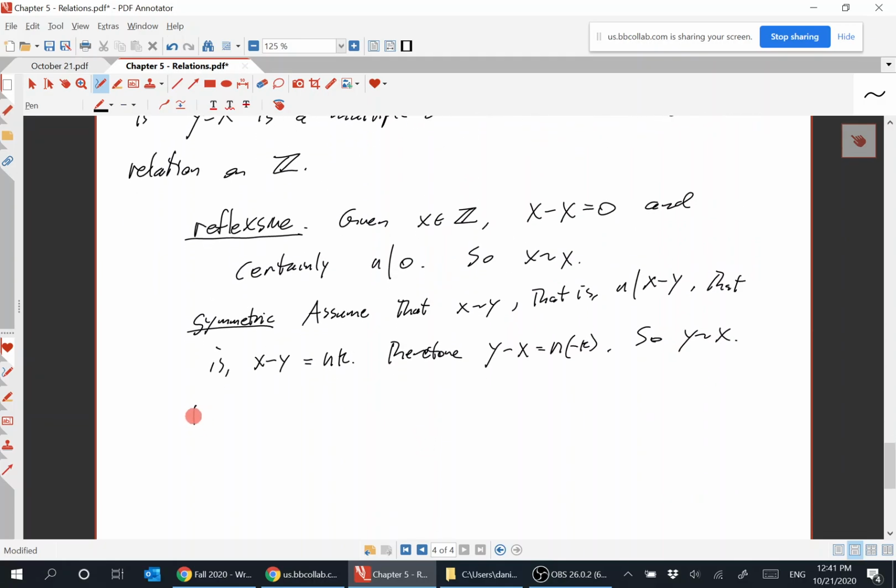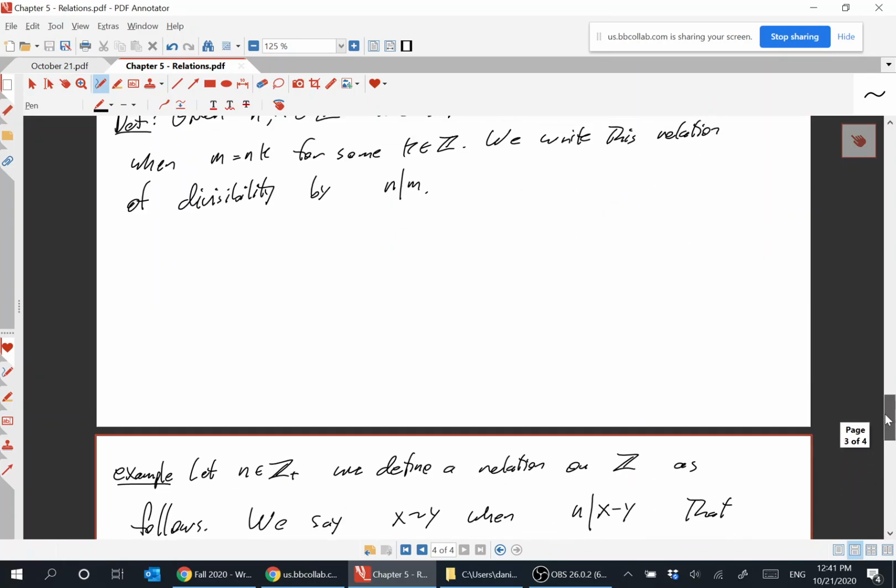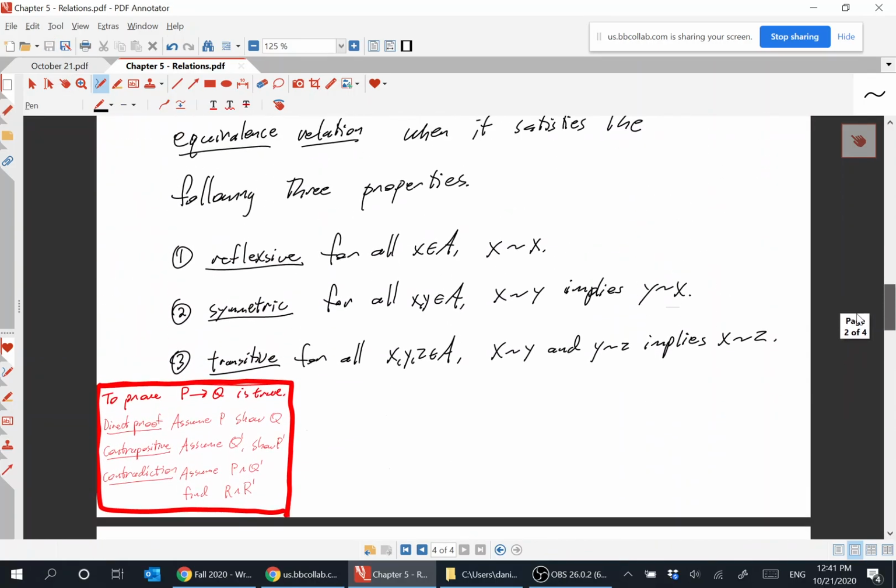Okay, transitive. So what is the transitive relation? The transitive relation is that x is related to y and y is related to z implies x is related to z.